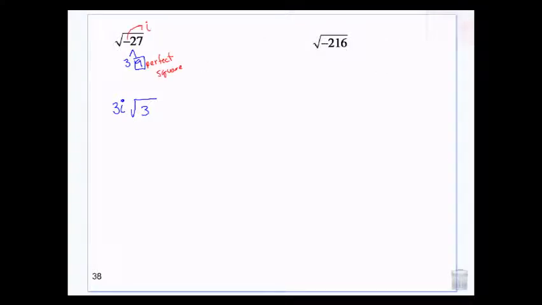Okay, 216, not perfect, so I start factoring it. I get 2 times 108, which is 2 times 54, which is 2 times 27, which is 3 times 9, which is 3 times 3. And I start grabbing pairs.